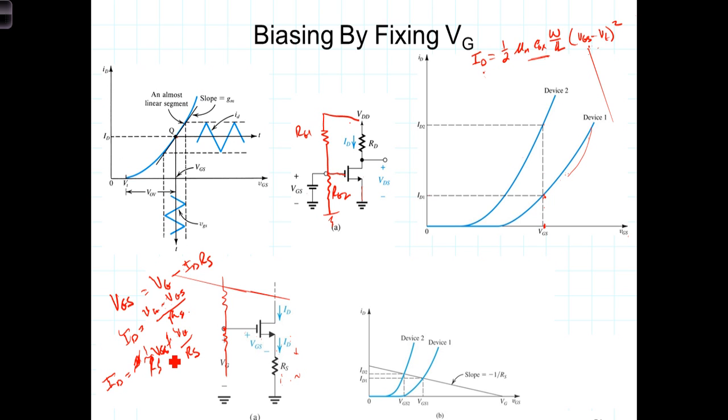Let me write that over again. We end up with I sub d equal to negative 1 over R sub s times VGS plus V sub g over R sub s.